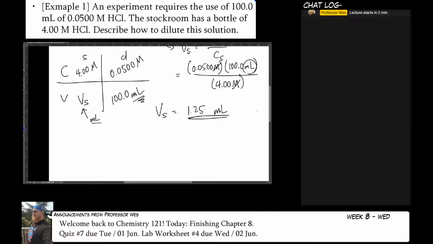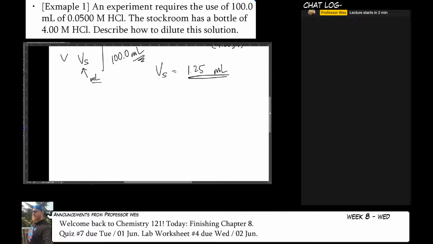Now, getting the number is not really all there is to the process, because the question is asking you to describe how to dilute the solution. Just writing a number doesn't do that, right? So you need to make the procedure in this problem, and here's how we'll do that. To make the solution, you're going to do the following 3 steps.